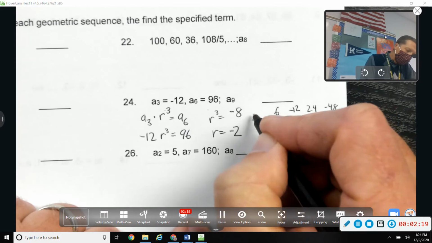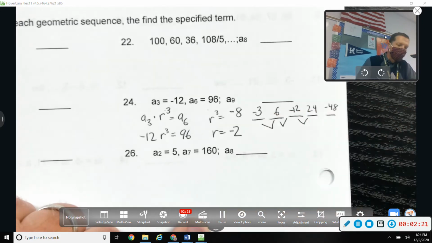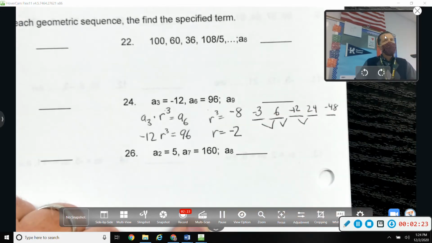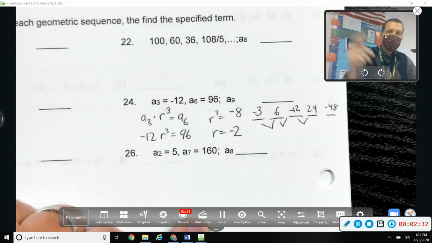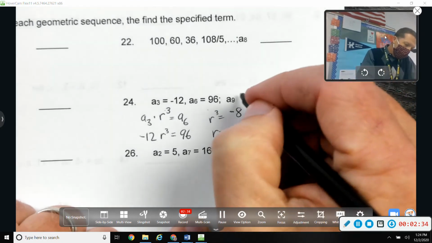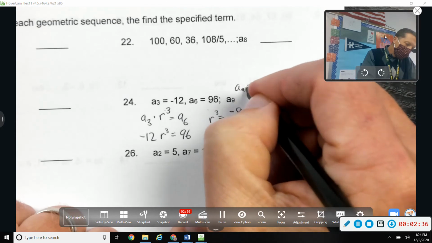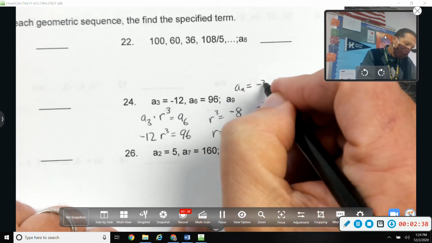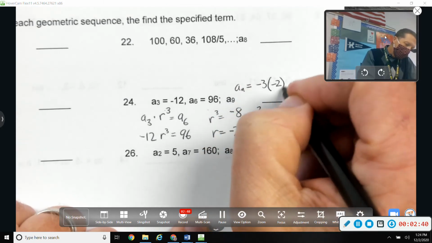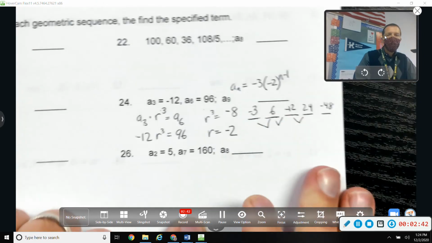And then I back up again, that would get me to negative 3. So this idea of moving forward, moving backwards. Forward we would be multiplying, moving backwards we'd be dividing. So the nth term would be negative 3 times negative 2 to the n minus 1.